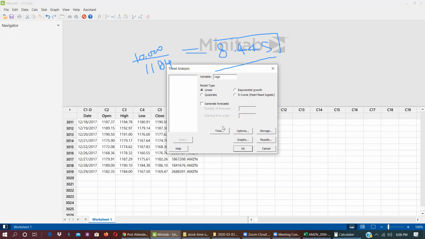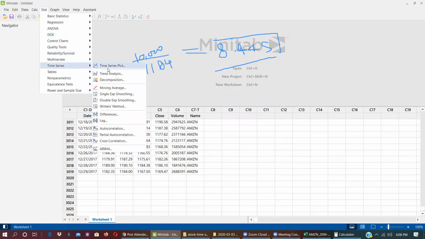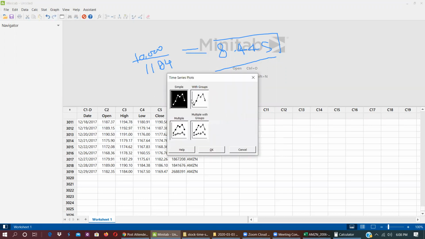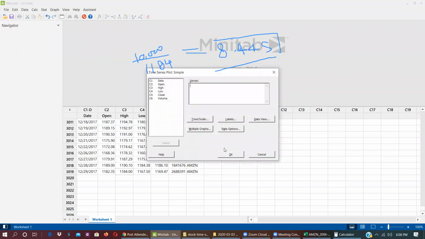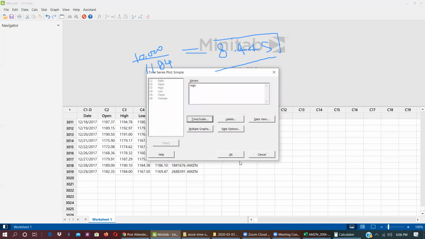Here I have another option. Before going into that, go to stat, time series, and then time series plot. I'm going to check high and then time scale. Here we have the stamp option. Stamp means that we can use a date as a time series.